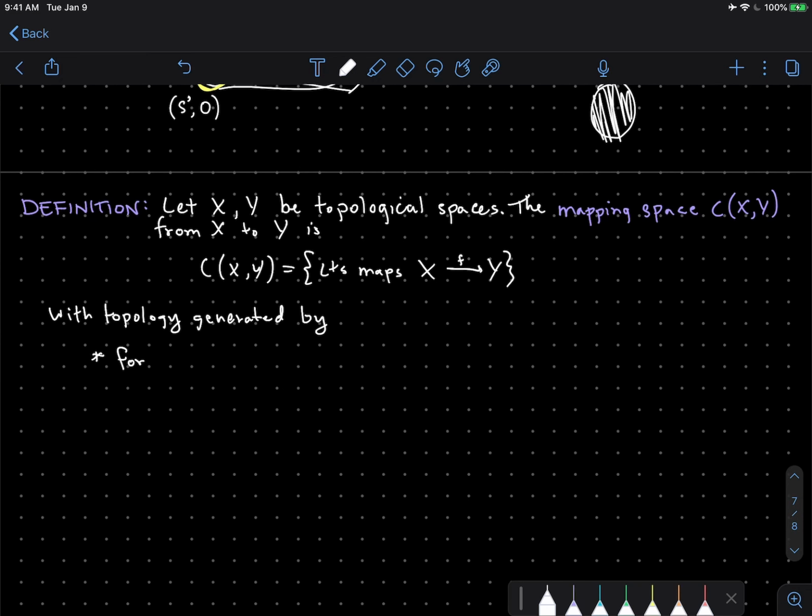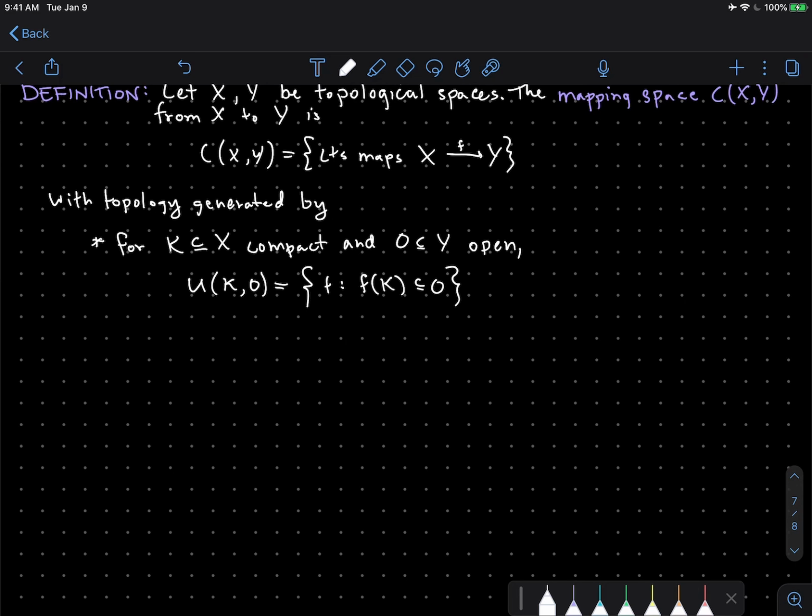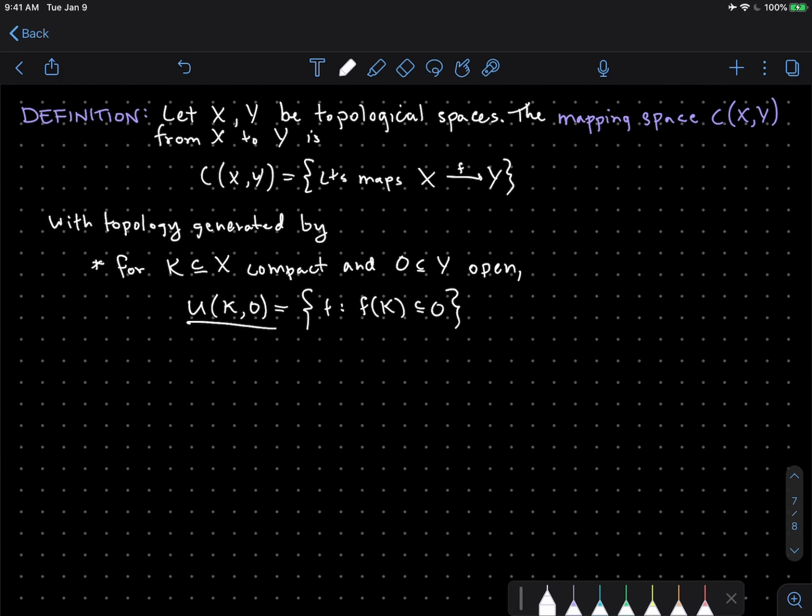So for K a compact subset of X, and O an open subset of Y, we let U of K, comma O equal the set of f such that f of K sits inside O. And so we let U of K, O be the basis, and this is called the compact open topology.